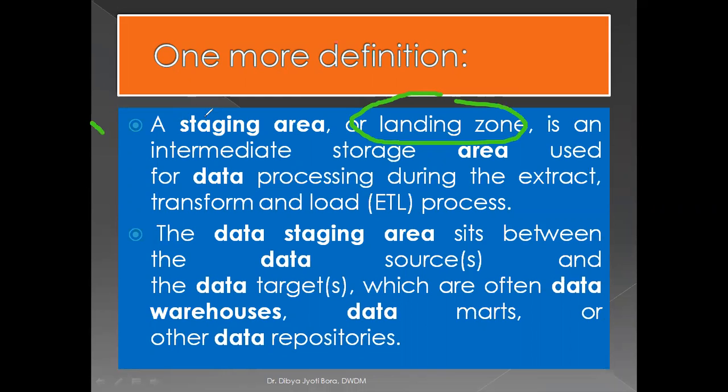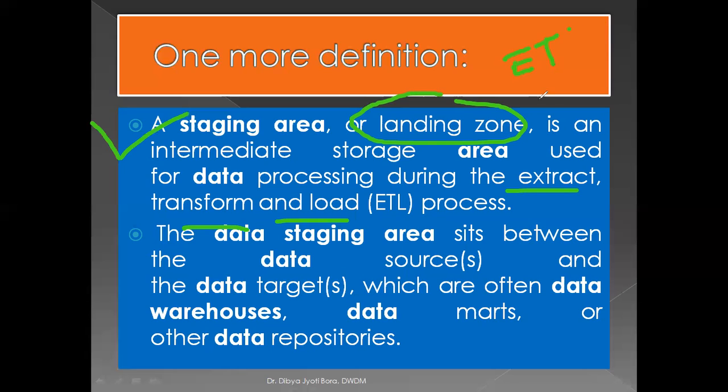Let's discuss that. A staging area or landing zone is an intermediate storage area where we perform the data processing during the extract, transform, and load process. So ETL process means what? Extract, transform, and load.